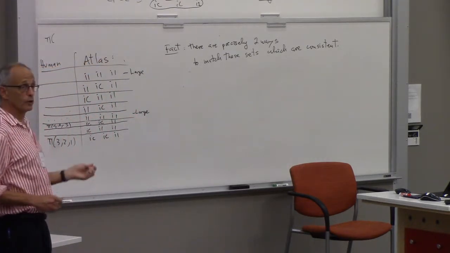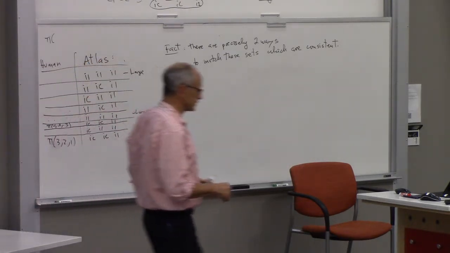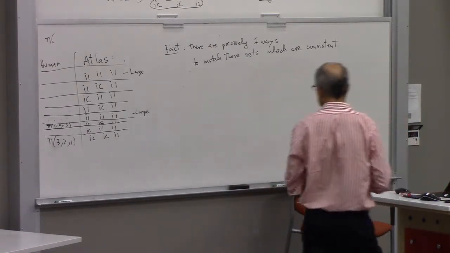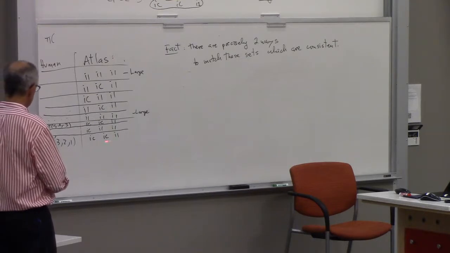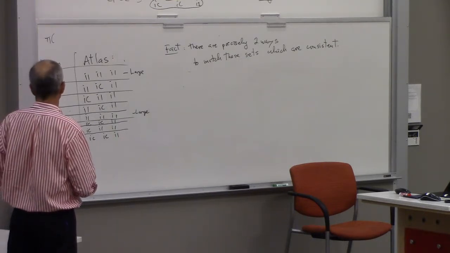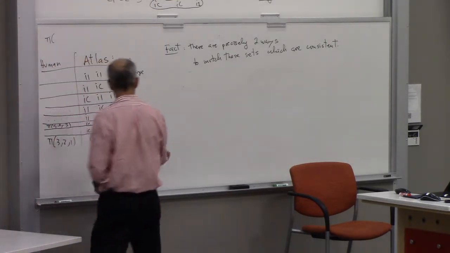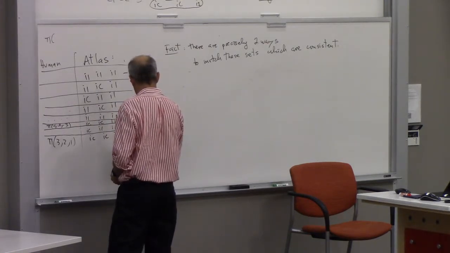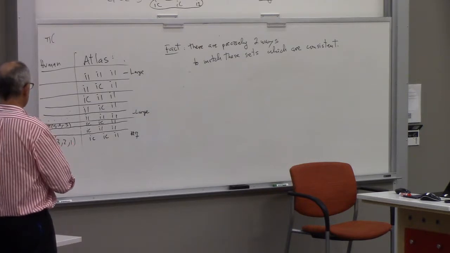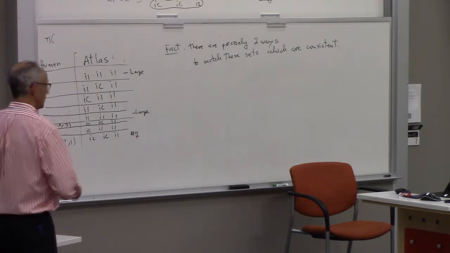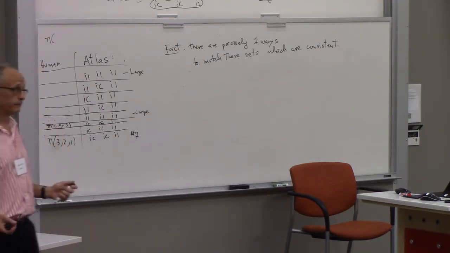So there's more information here, which is these cross actions. So you look at this table, and I decided that this guy, this was number 7. I decided to match that to 3, 2, 1, and I'm claiming that everything else is determined.